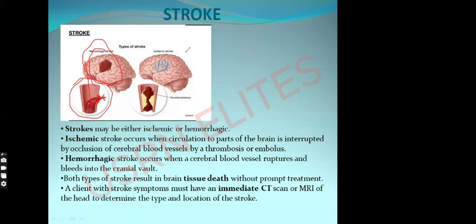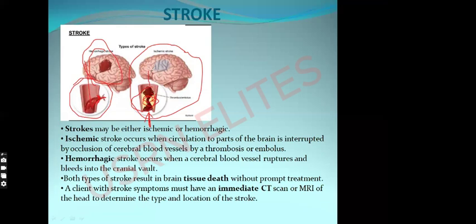Then with the ischemic stroke, here we have a presentation too. Over here, you have an embolus or a thrombus, a blood clot forming within the cerebral vessel, which is impeding normal blood flow from this direction to cross this side to reach the distal parts to supply brain tissues.